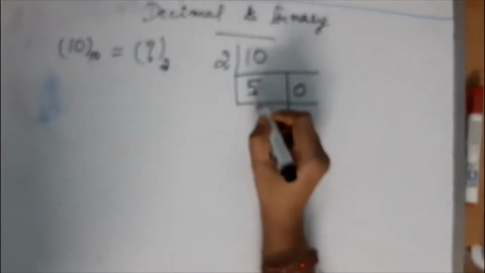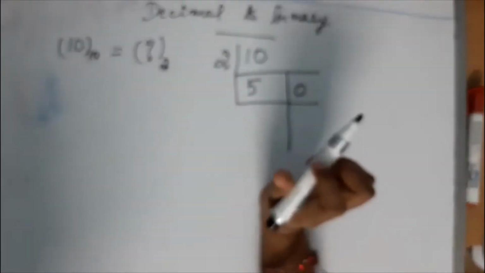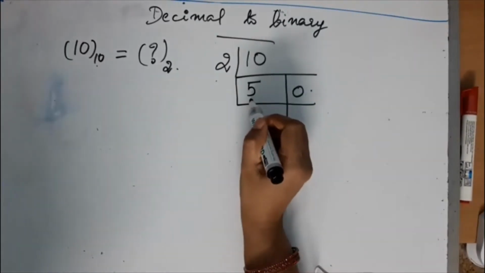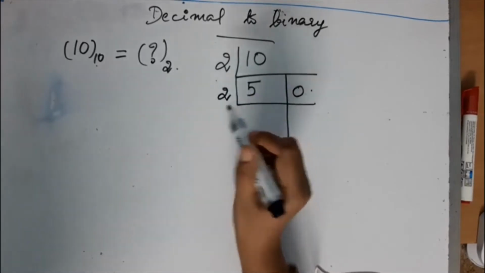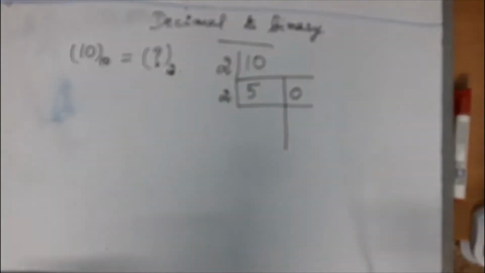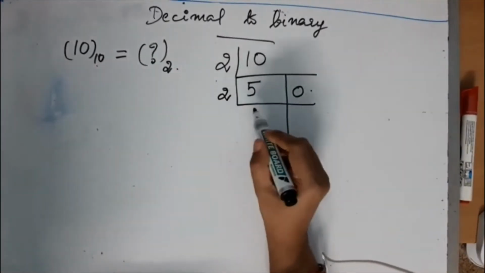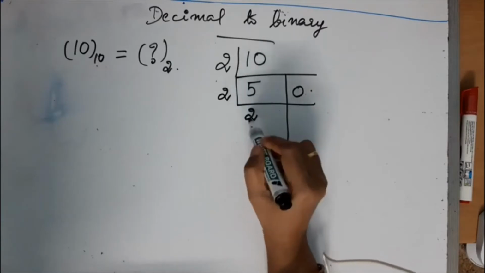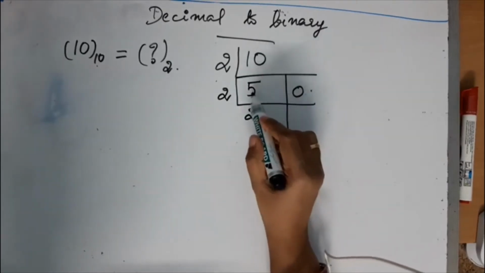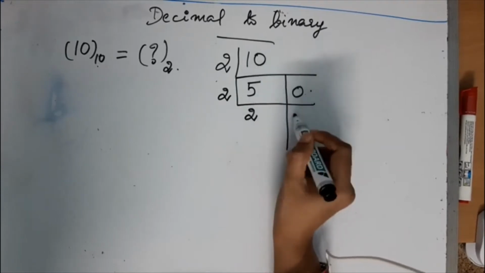Here we will write the quotient and here we will write the remainders. Again 5 is divided by 2, so the quotient is 2, that is 2 2s are 4. 5 minus 4 is 1, that is simple division. So the remainder is 1.